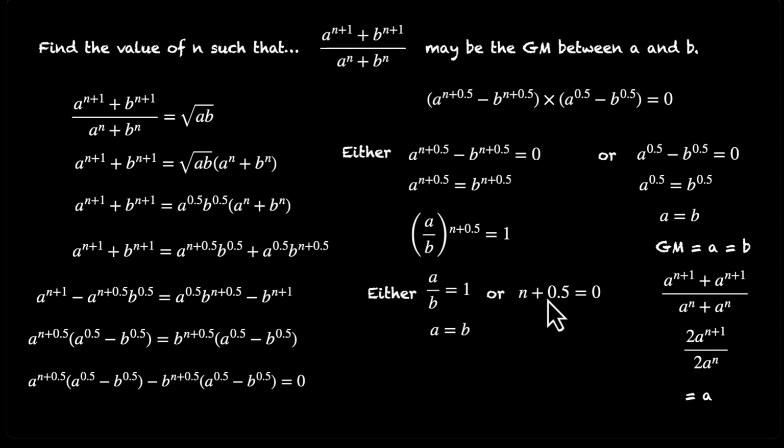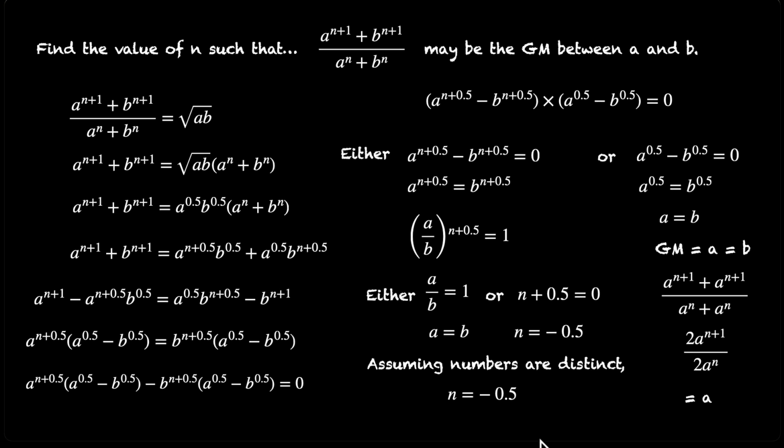Here's our n, so let's look at this part. N plus half equals 0, which means n is equal to minus half. Now this is interesting. What we have got from all of this is when n is minus half, this is the GM between a and b. So assuming that the numbers are distinct, our value of n is minus half.